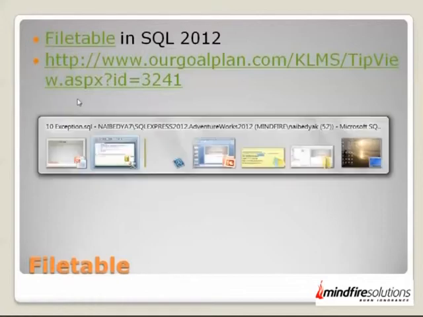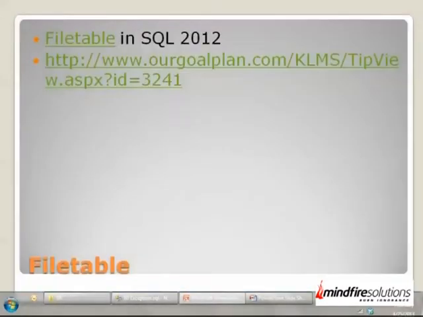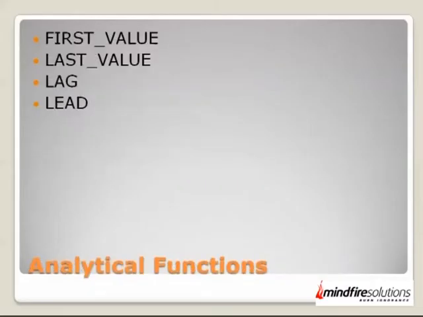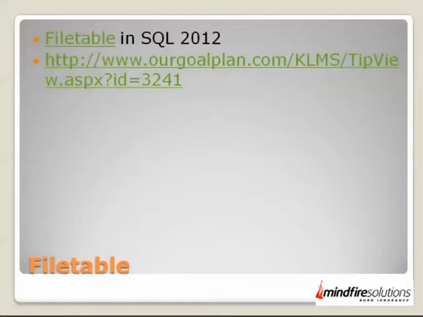Very quickly, file stream is a feature that was introduced with SQL 2008 actually, where they allowed you to store whatever you want to store in a file as a file object, etc., directly within the SQL Server. This is a big hit with companies and applications which produce document management systems. Until then, you needed to store the physical file in a drive.